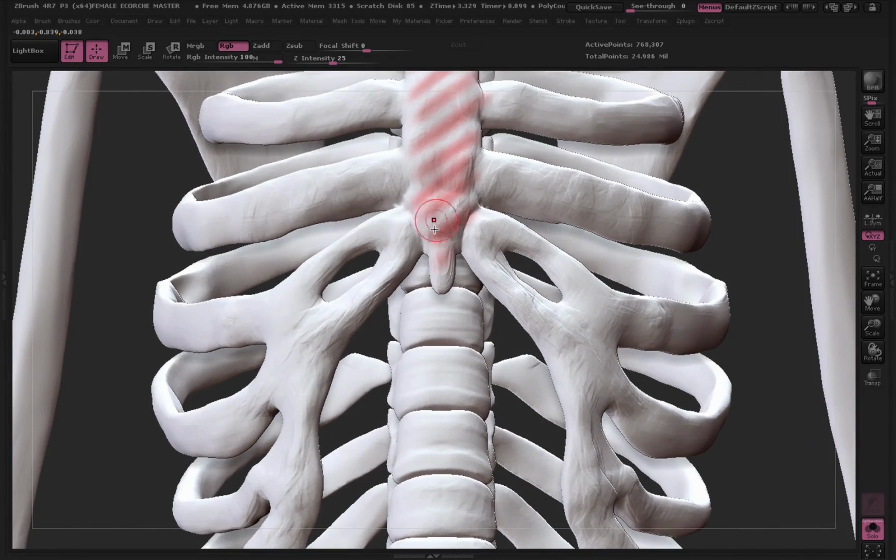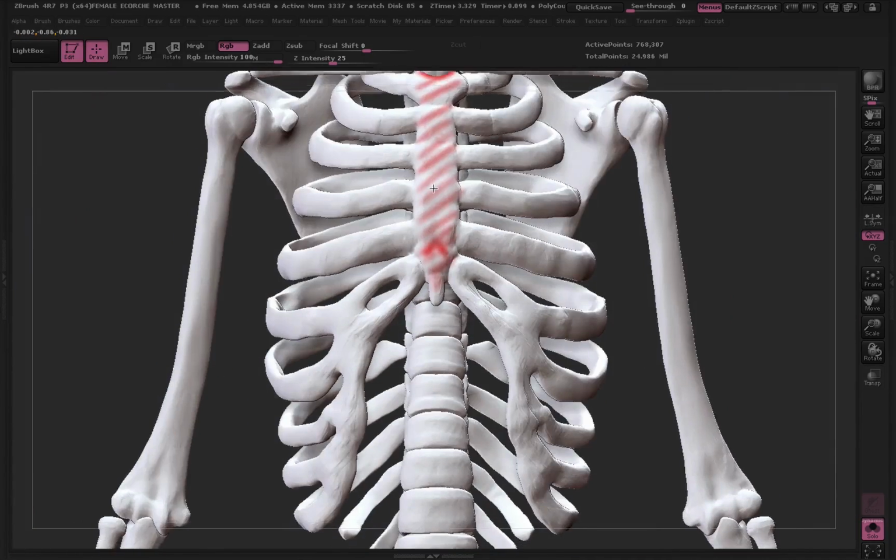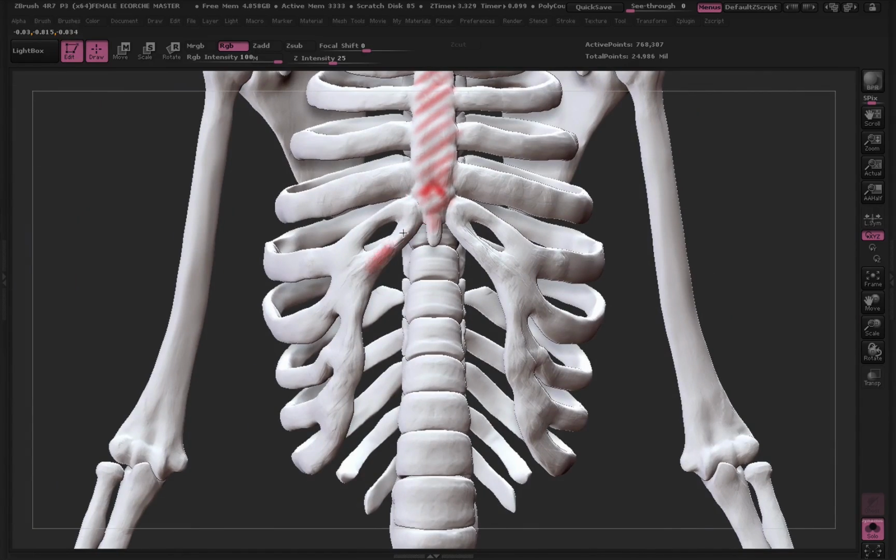Now right here there's actually a little depression in the sternum called the epigastric depression, but what I want to show you more importantly than that is just the arch of the rib cage, so coming down like this.